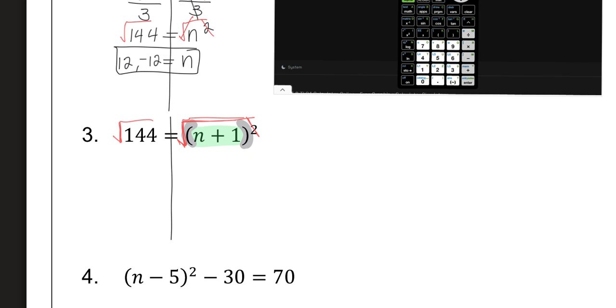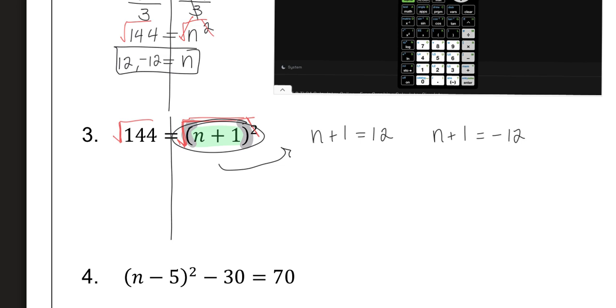So what's going to happen, because we still have an expression here, we are going to get two equations. We're either going to get n plus 1 equals 12, or we have n plus 1 equals negative 12, okay?